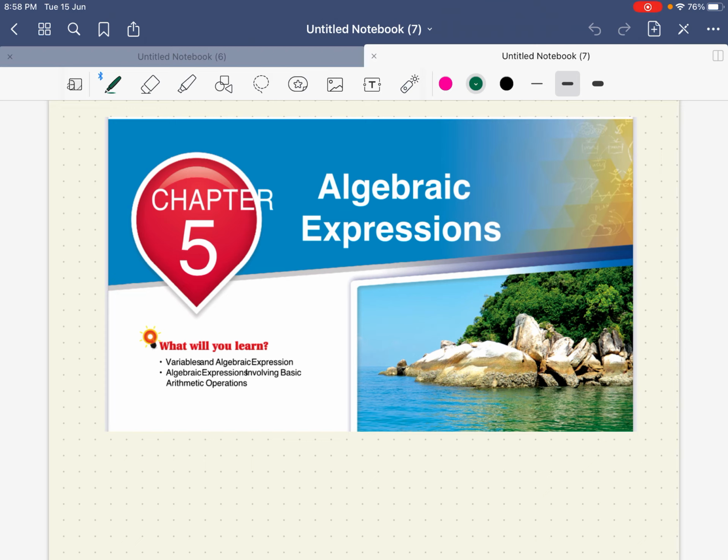It is the same as the language of algebra that I already showed in 1C before we went on holiday. So this is just a recap for 1C and 1D. This is something new for you. Okay, the topic is algebraic expression.